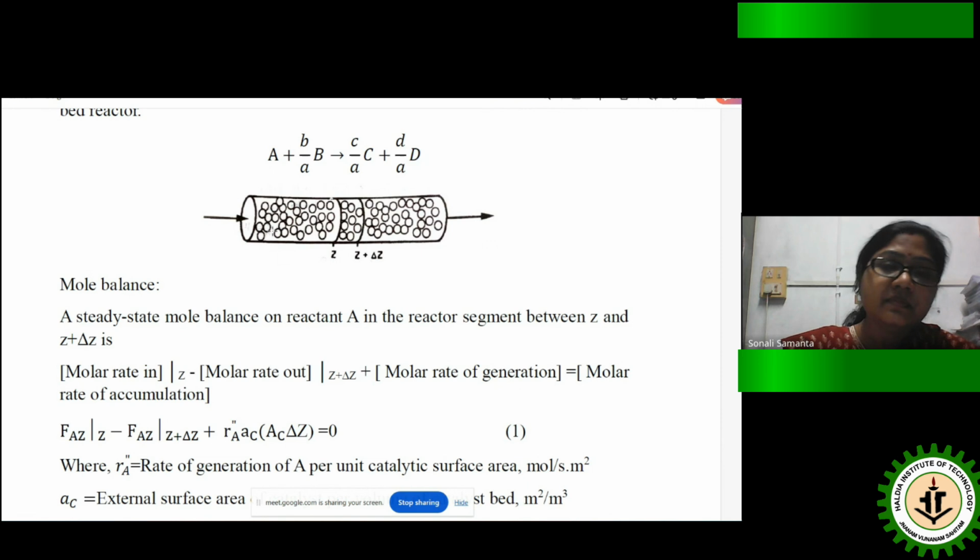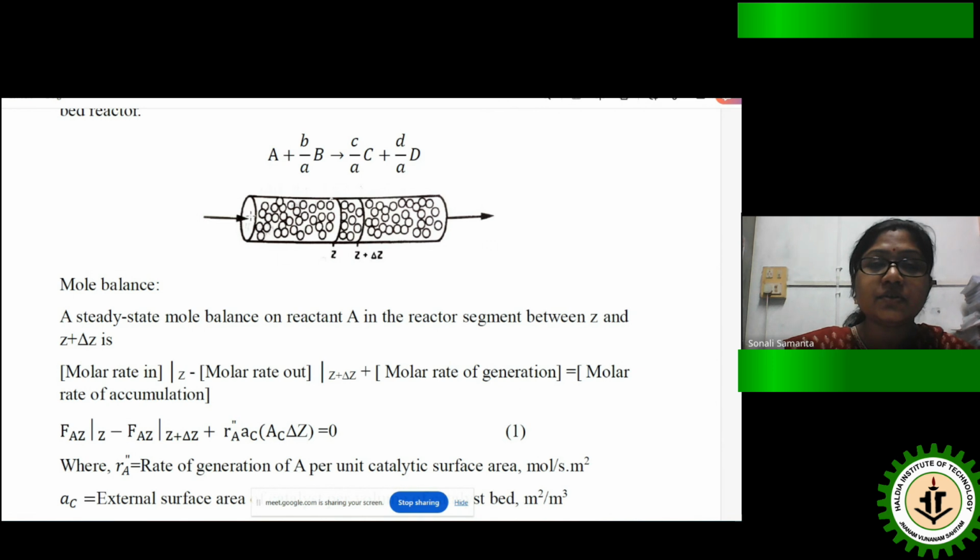Now, the convective flux happens due to the fluid flow, due to the velocity of the flow, and it happens due to the pressure gradient. To make the fluid flow from this side to this side, you have to flow the fluid at a higher velocity, and that velocity should be greater than the superficial velocity, that means the empty tower velocity.